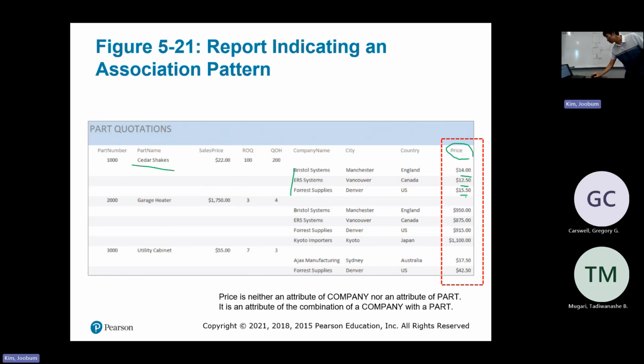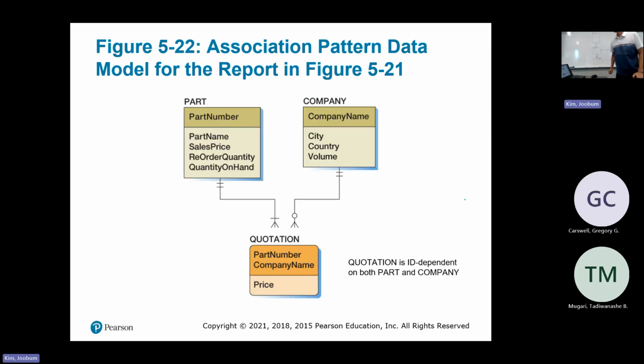So in order to store those kinds of distinct prices, we have to add an associative entity. Like that: there's a part here, and then company, and then this is a quotation. The entity name, you can name it whatever you want.